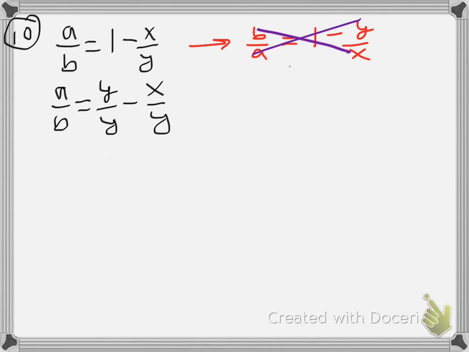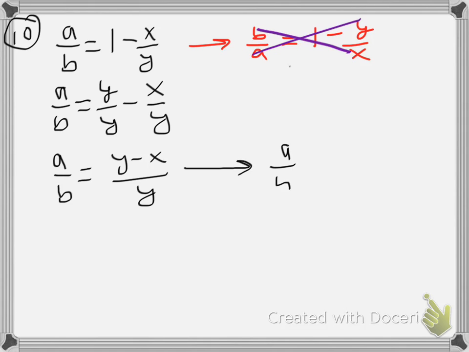Now I have the same denominator, so I can subtract, and a over b equals y minus x over y. B over a, the reciprocal, will be y over y minus x.